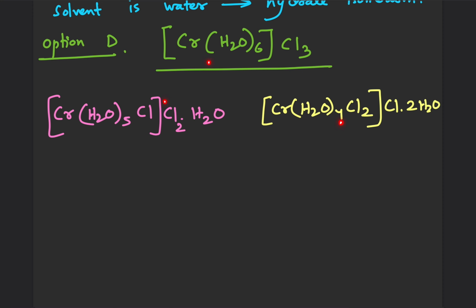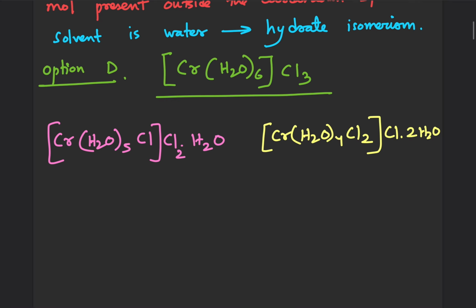Can you see all these three have the same composition, but the number of water molecules or solvent present as ligands in the coordination sphere and outside is different. Here you have 6 inside and 0 outside. Here you have 5 inside, but 1 present as free solvent. Similarly, here you have 4 inside and 2 as free solvent.